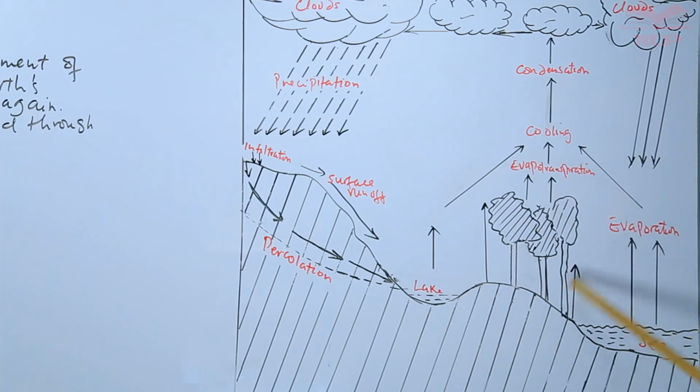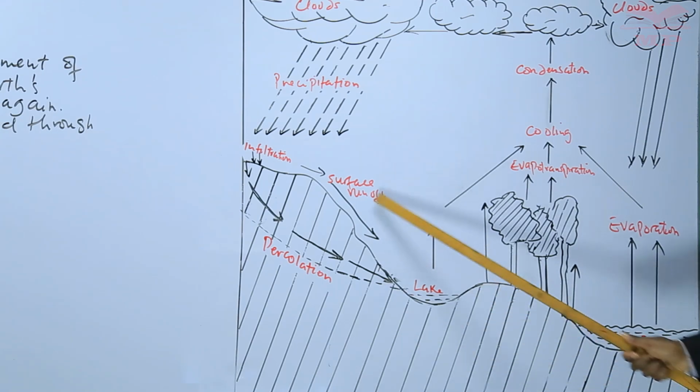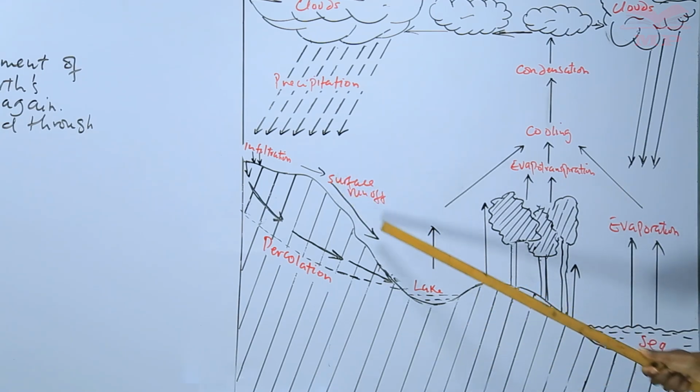This water comes back into the sea. Now, this form of water flow is known as surface runoff.